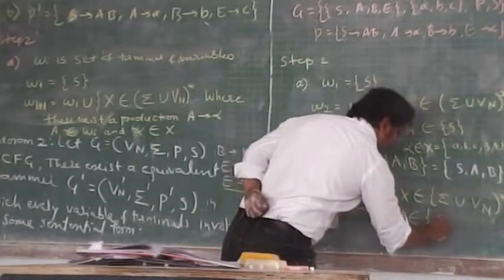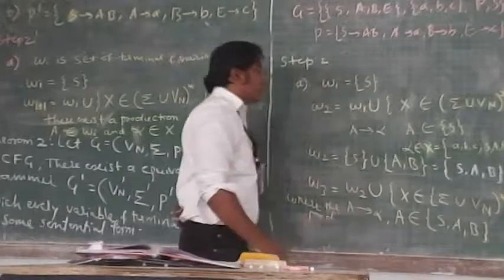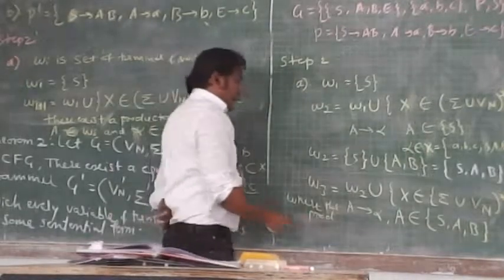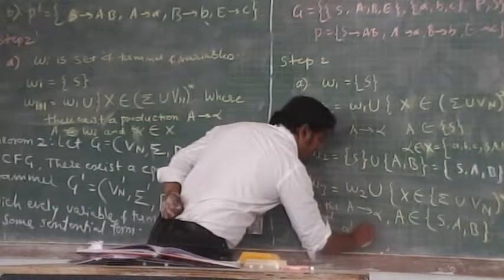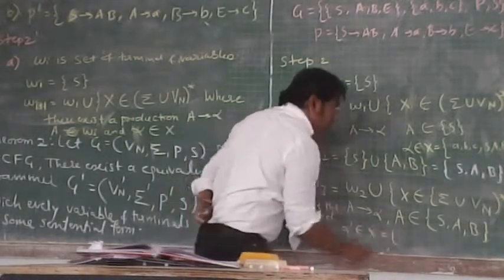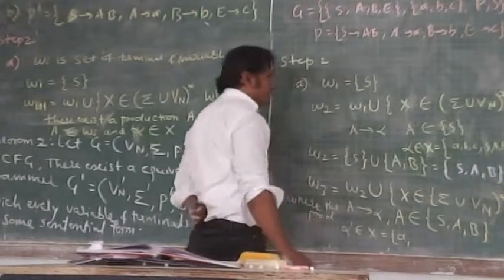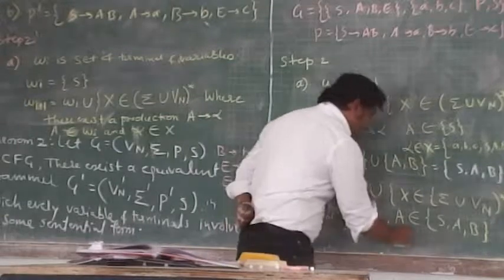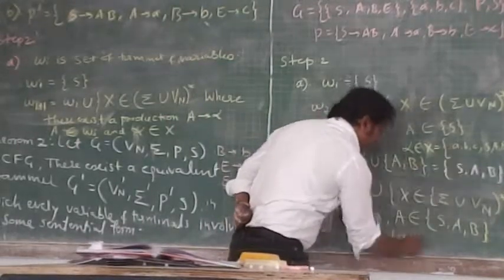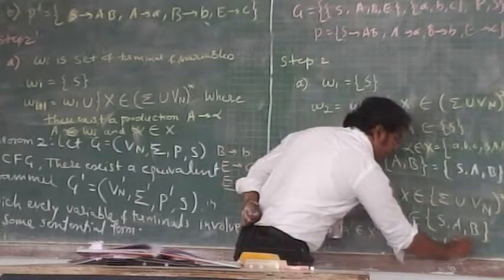Now A belongs to S, A, B, and alpha belongs to X, and that X is equal to A. X belongs to what? Similarly, A, B, C, S, A, B, E.